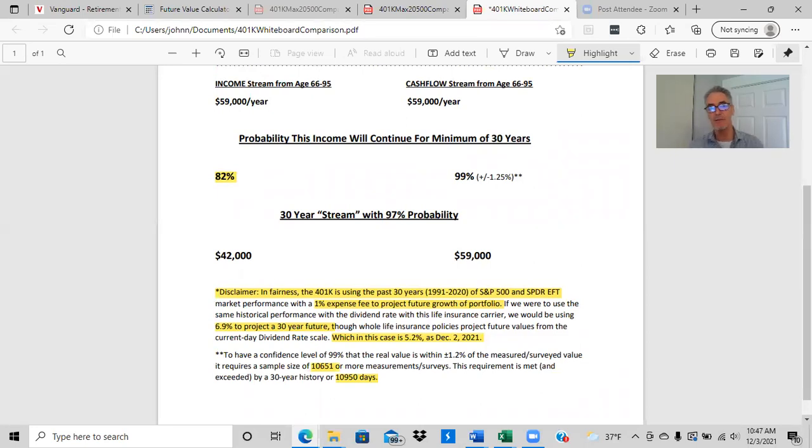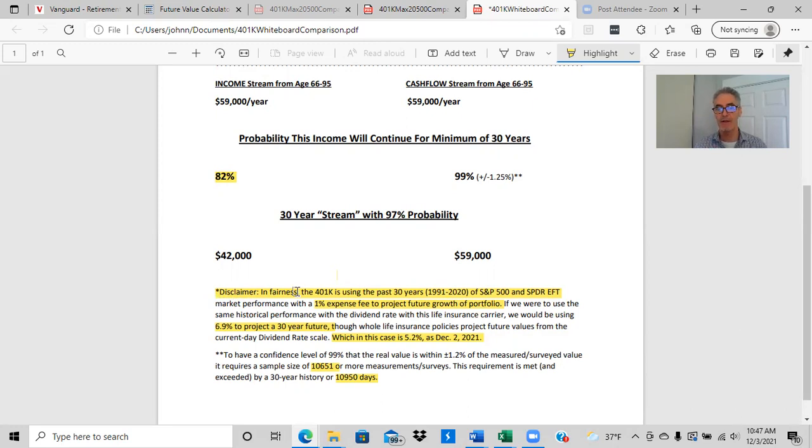So this disclaimer, as you'll see here, is, in fairness, the 401k is using the past 30 years, 91 through 20, of the S&P 500 and the SPDR ETF performance, with a 1% expense fee, as I've mentioned.